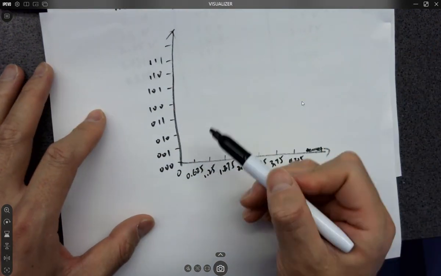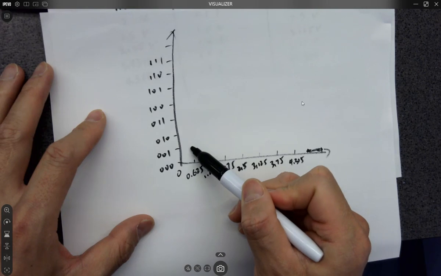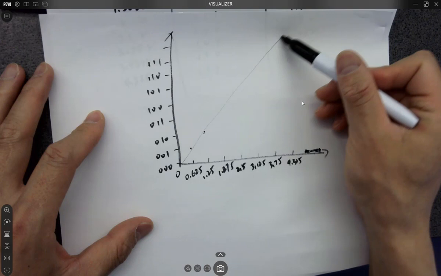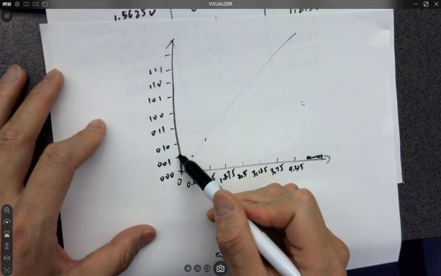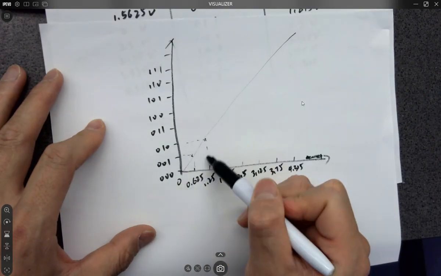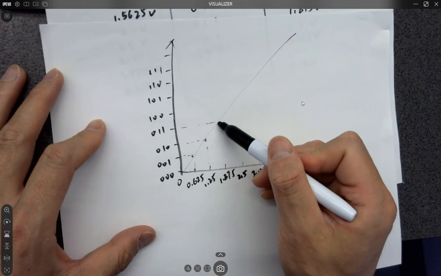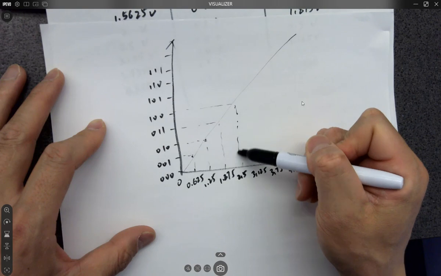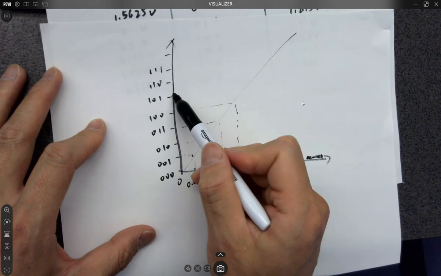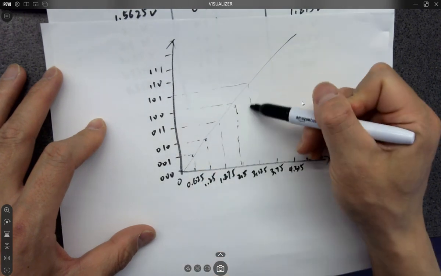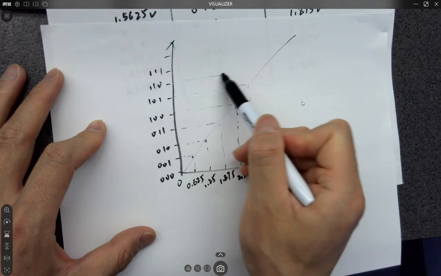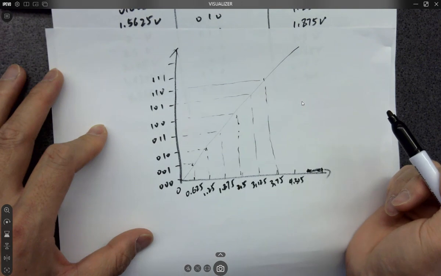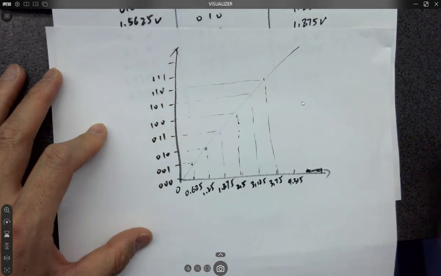So ideally it should be this. It's ADC, so it's analog input and digital output.